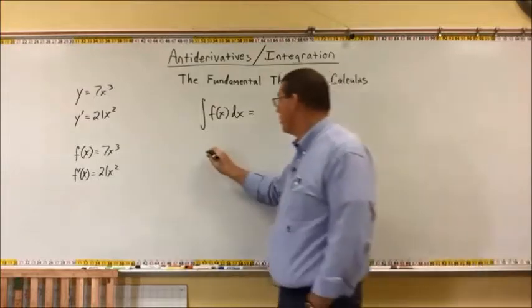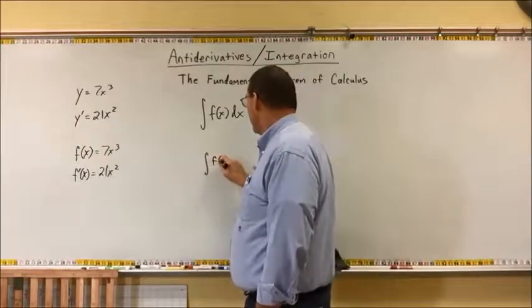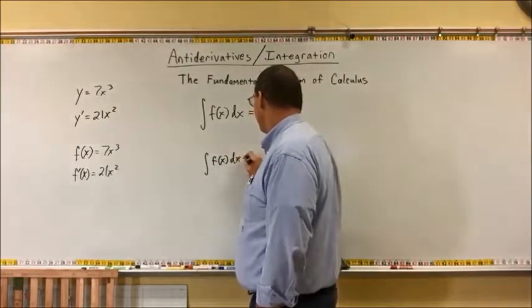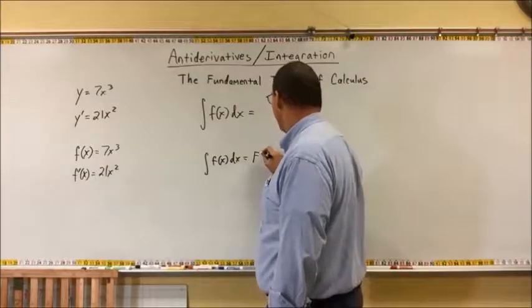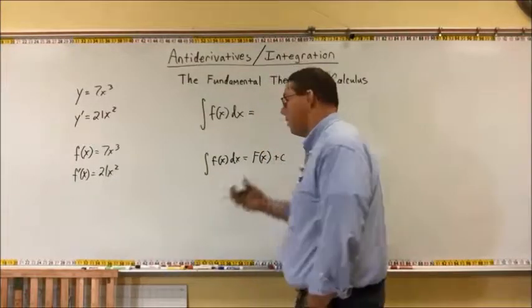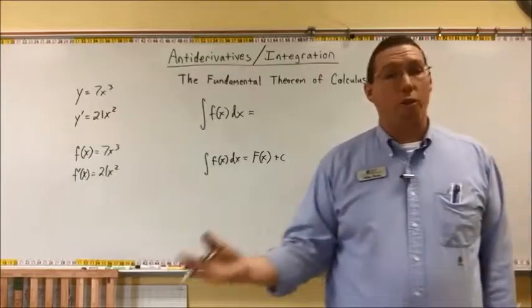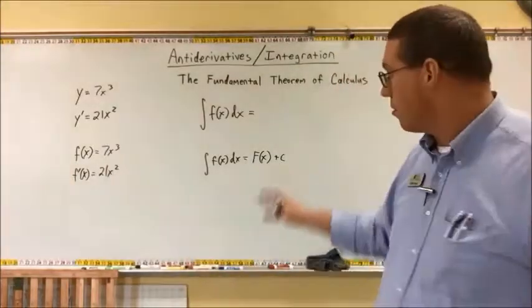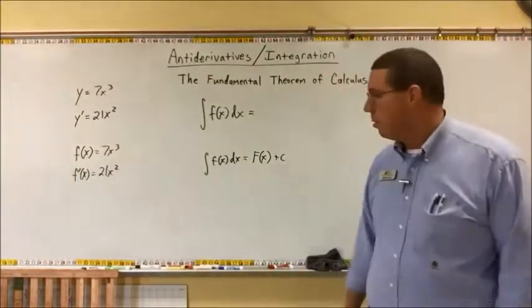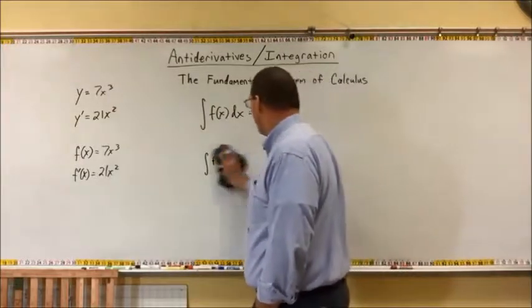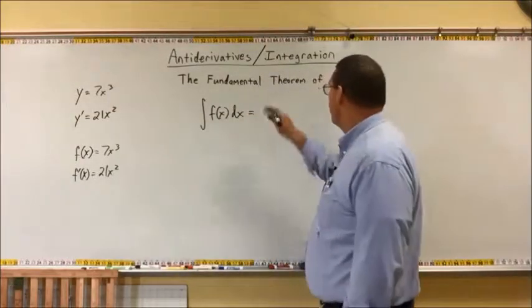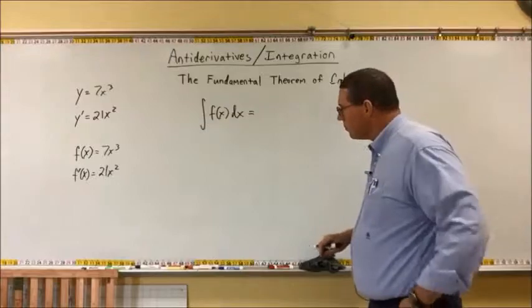And I'm sorry for all the math police out there, the antiderivative is capital F of x plus c. I forgot to put the plus c on. But you already saw my video on how important the plus c is, so there we go. Capital F of x plus c, and we're good to go.